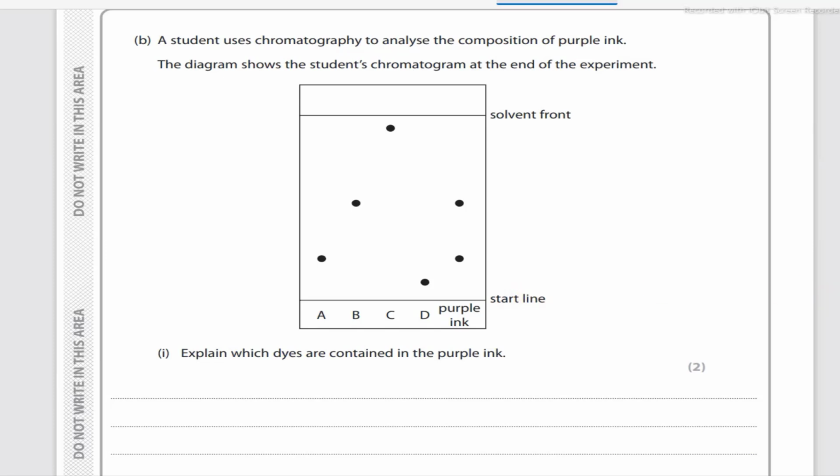Explain which dyes are contained in the purple ink. A and B.